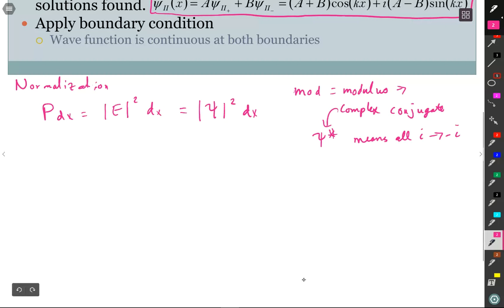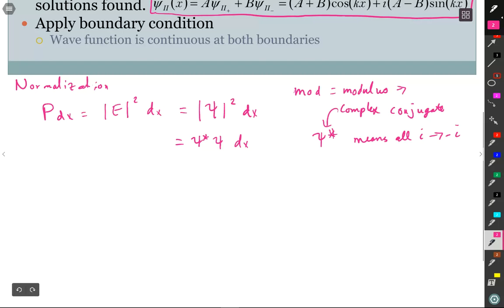So when you do this mod squared, you're taking psi star psi dx, and that is always going to give you a positive real value, which is important because the probability of finding something can't be negative. Yeah, chances of me winning the lottery is -1? No, that doesn't make any sense. Chance of me winning the lottery is approaching 0 from the positive side. It's a different meaning. So that's the probability.